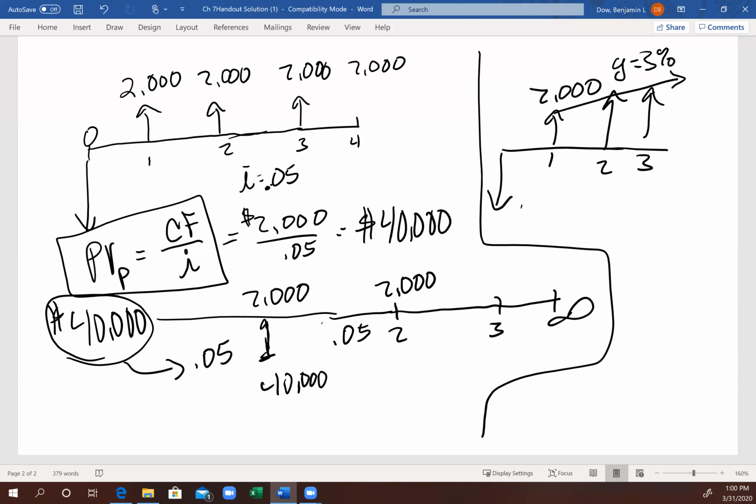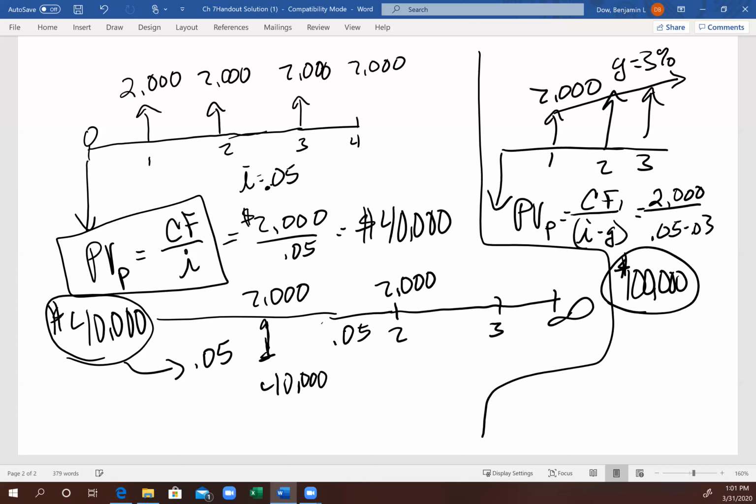And I told you that the present value of a growing perpetuity was equal to the first cash flow divided by the interest rate minus growth. And I didn't really prove it to you, but if you want to watch a YouTube video, it's like a whole page of proof. But look what happens if you want it to grow at 3%. So the first year's 2,000, the next year's 3% higher than that. Then you're going to have to put up $100,000.